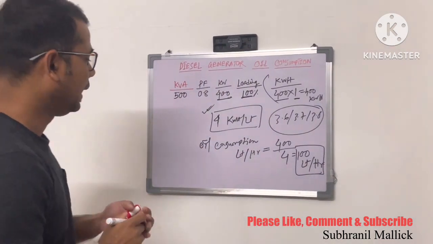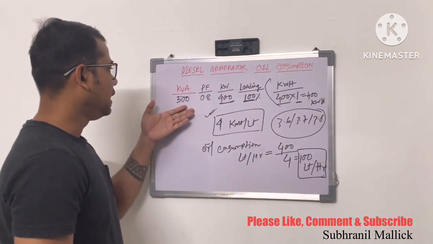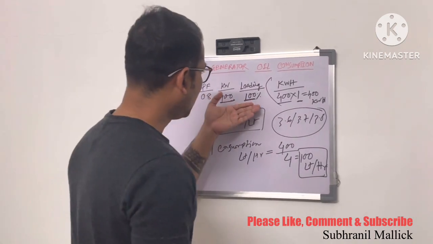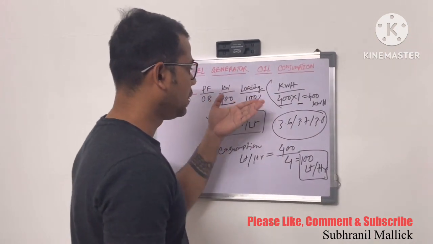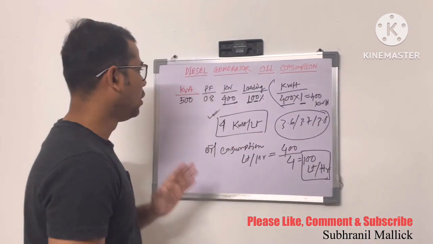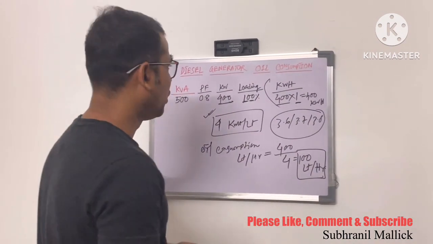So for a 500 kVA DG, if it runs at 100% loading for 1 hour, it will consume 100 liter per hour of diesel or fuel oil.